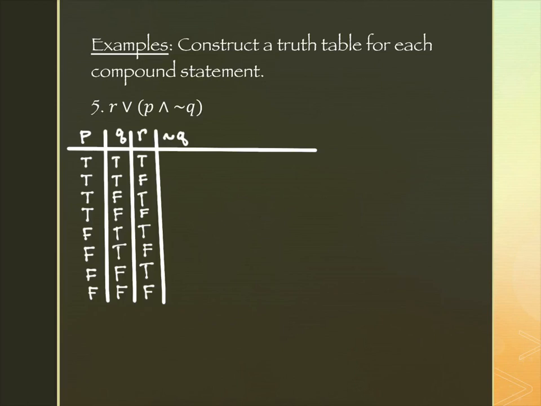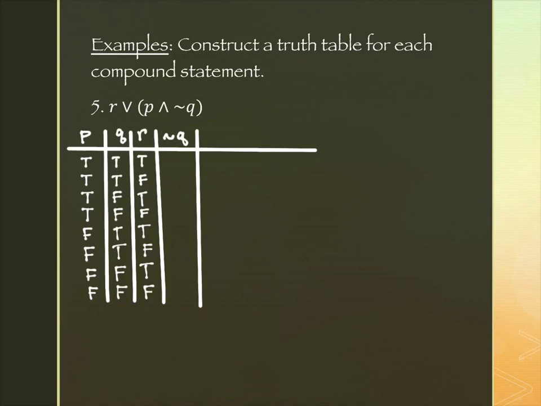Okay, so I've got my column for Q. What would I do after my tilde Q column? What, say it again? I already did, we're going to write it in. The column headers first. You were trying to fill in my column. You're right, we will do the opposite of the Q column here. And you could do that now if you wanted to. I just like to fill in my column headers first. That's the order I normally go in. So what would be my next column header?